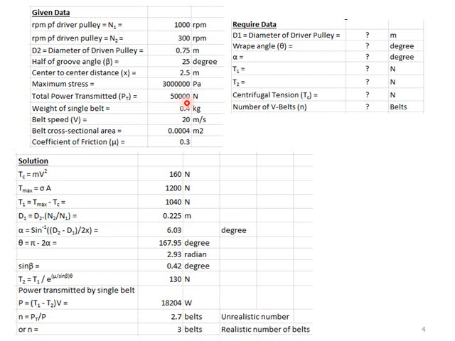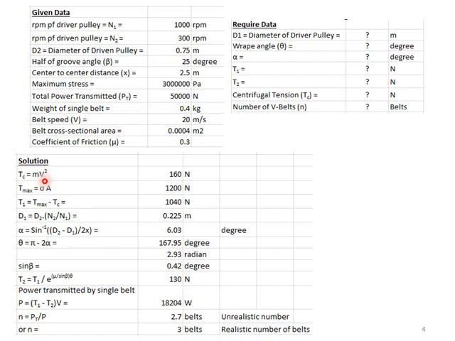So not a single belt, but multiple belts can solve this issue of transmitting heavy power from driver motor to the driven pump. So how can we solve this problem? The first thing that we can find is the centrifugal tension. The formula is same as we have seen in the previous lecture, which is the product of mass into square of velocity.